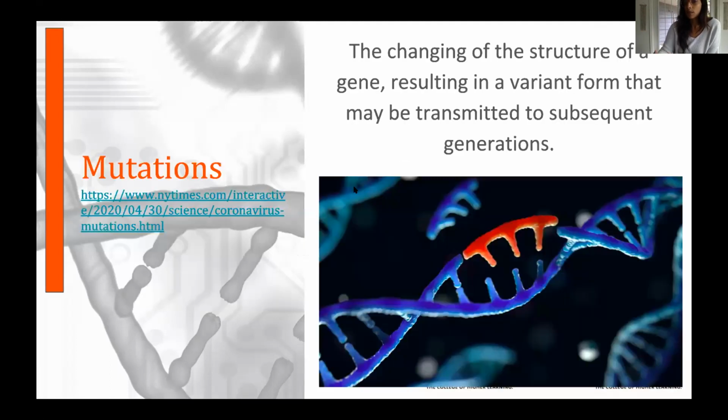The first thing I want to do is define what exactly a mutation is. Some of you probably already know, but just so we're on the same page, a mutation is a change of the structure of a gene that results in a variant form that could be transmitted from one generation of an organism or a virus to the next generation and subsequent generations thereafter. You can have a mutation that's just a very small single base pair nucleotide change, or it can be chromosomal.